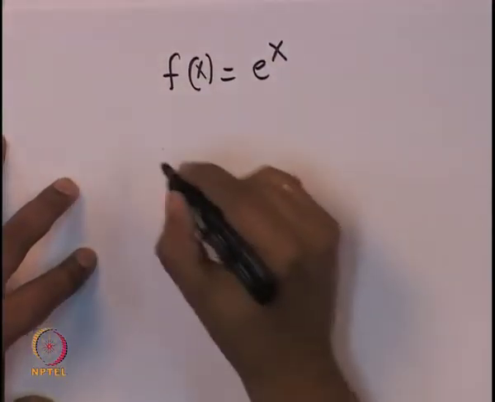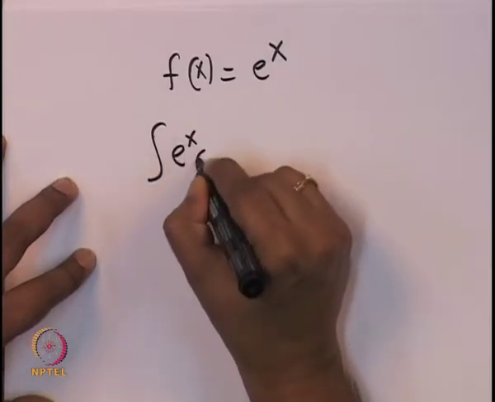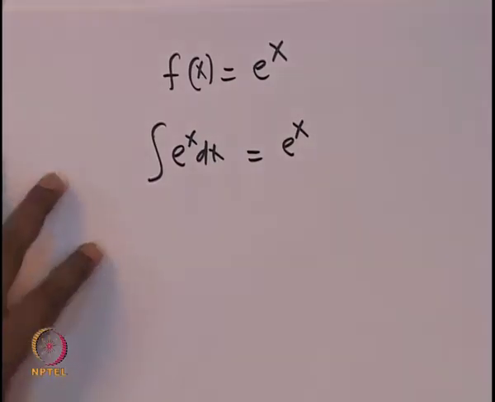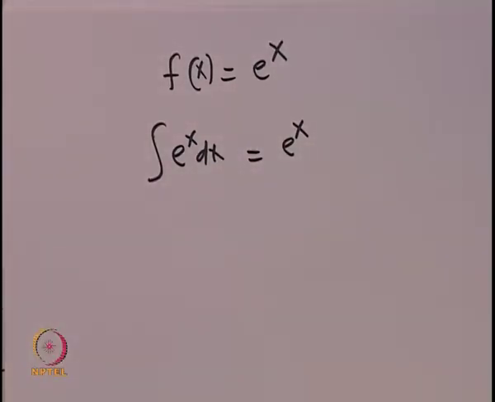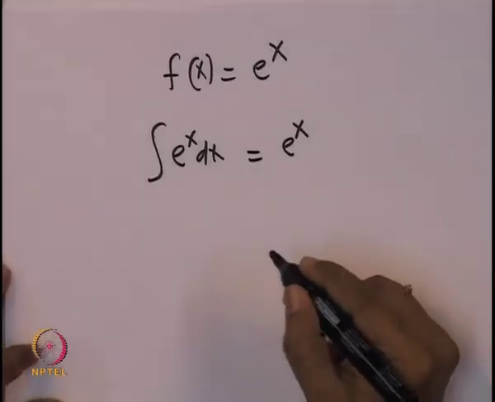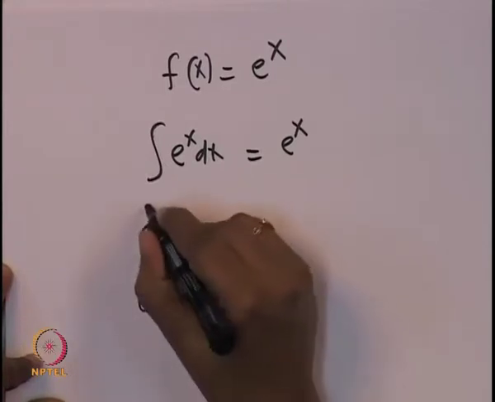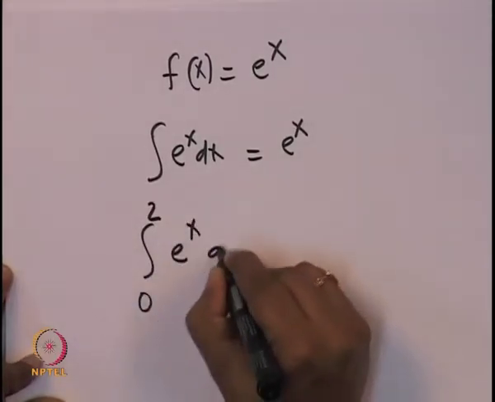We learned that the integral of e power x dx is e power x itself. Now, let us say we want to calculate the integral from 0 to 2 of e power x dx.